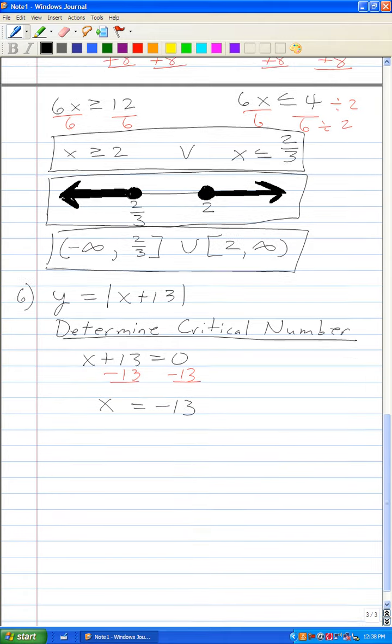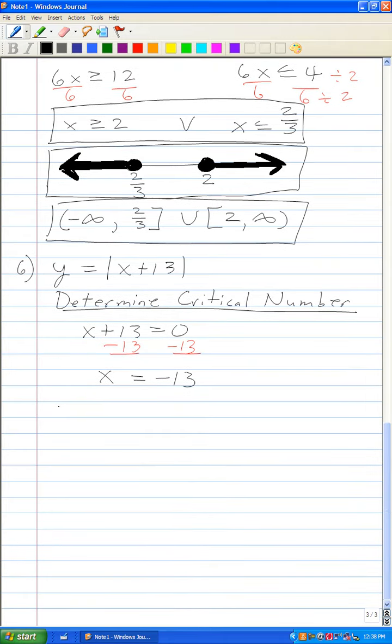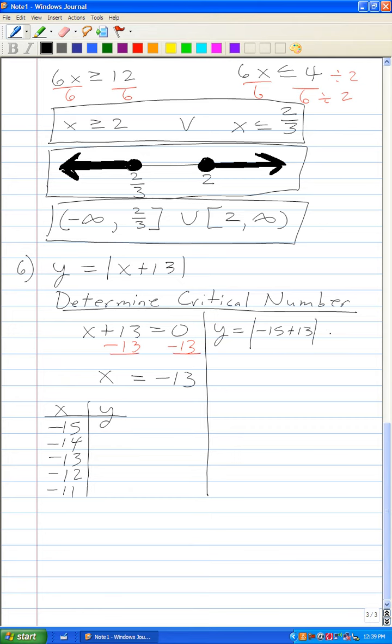And so I guess I will plot the following points. We were supposed to do 5 of them. So negative 15, 14, 13, 12, and 11. And so if I do that, y equals absolute negative 15 plus 13, 2.